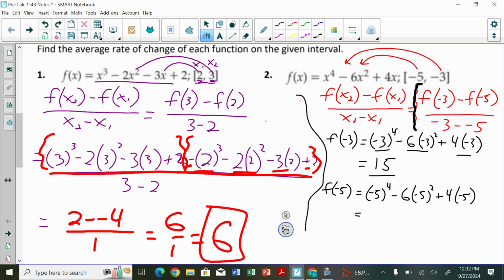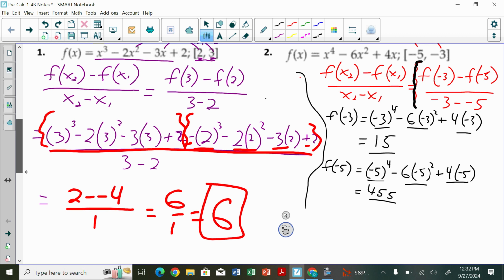You're going to have large numbers here: 625 here, minus 150, minus 20. So that comes out to positive 455. Okay, so we have those values.